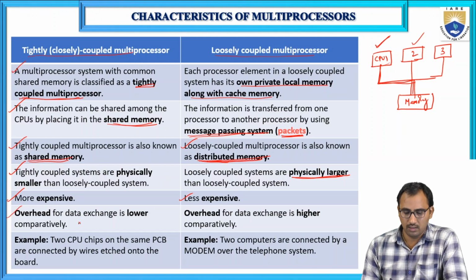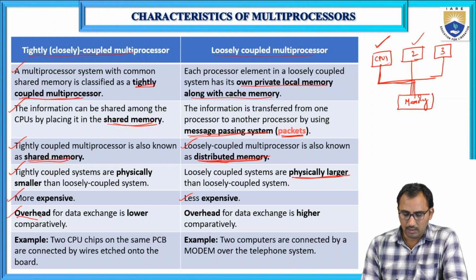And coming to the next difference, that is the overhead. Overhead for the data exchange is lower comparatively. So the communication overhead. Overhead means the amount of time required to communicate from one processor with another processor.